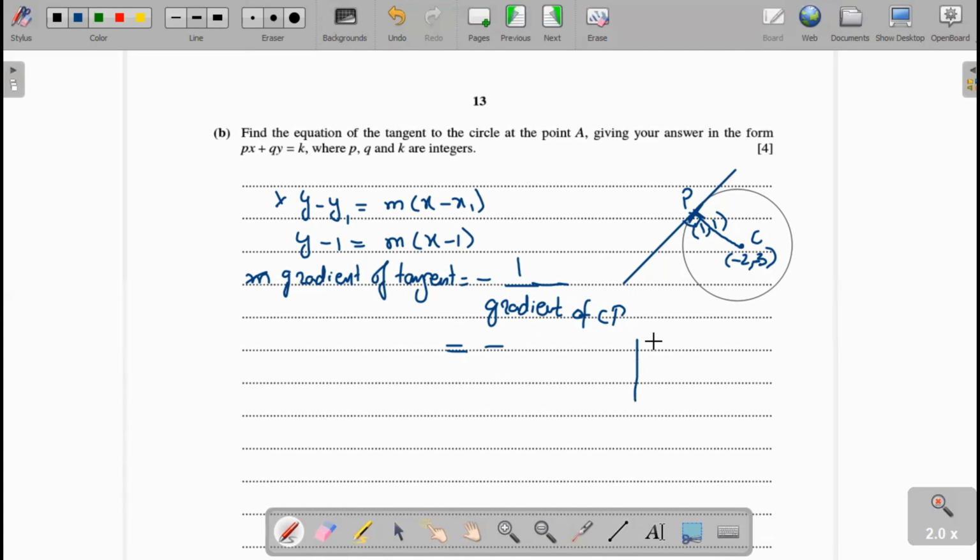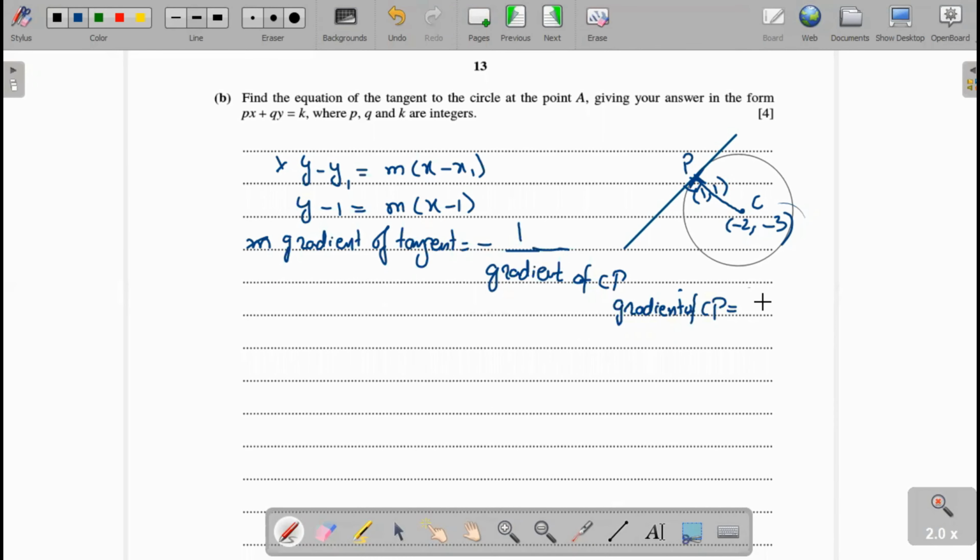The gradient of CP is equal to minus 3 minus 1 over minus 2 minus 1, that is minus 4 over minus 3, which is 4 over 3. Now the gradient of the tangent is minus 1 over 4 over 3, which is minus 3 over 4.